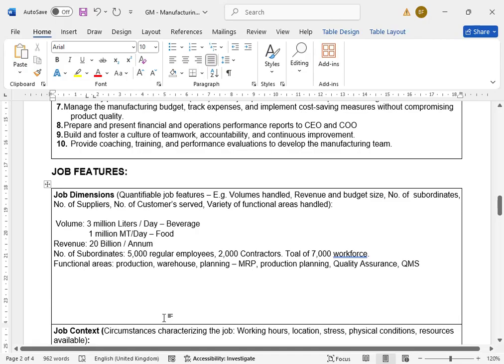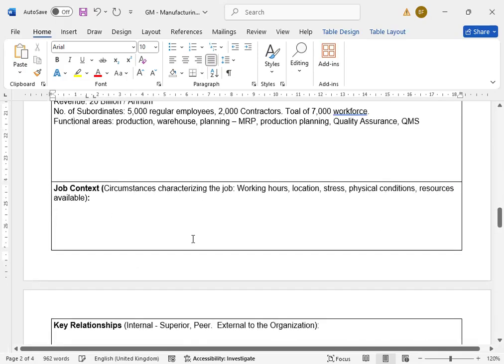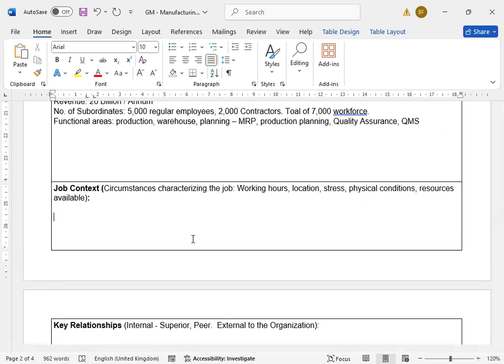Now we go to the job context. Job context is the circumstances characterizing the job in terms of working hours, how many hours the role is working in the company, and what the location is. Is he working 100 kilometers away from the plant, or is the location adjacent to the plant?